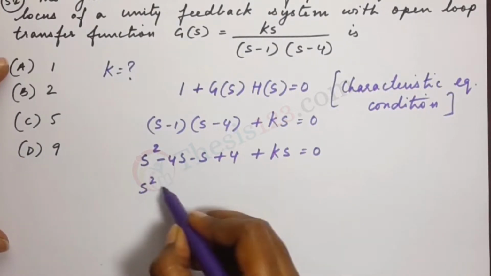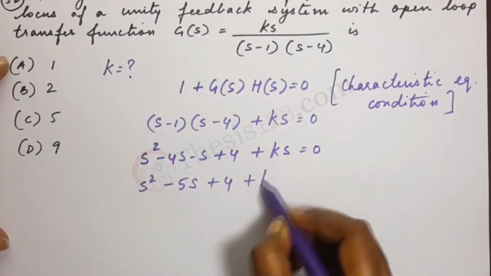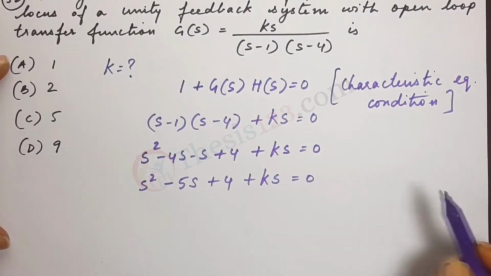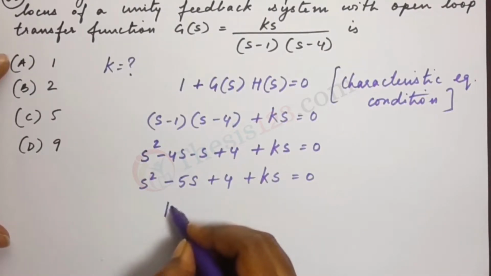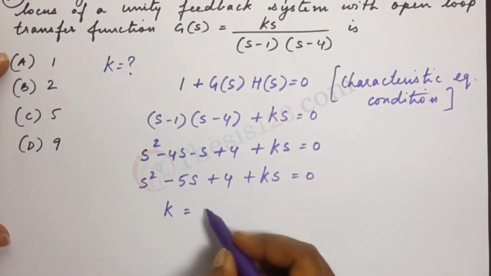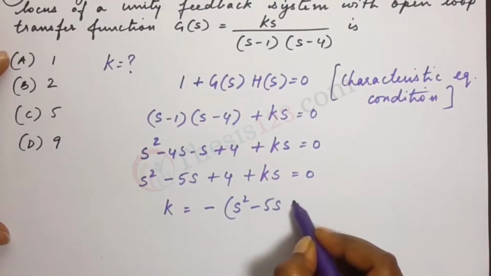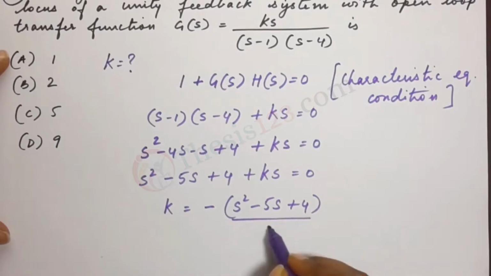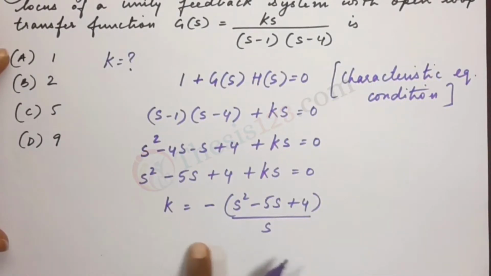Solving further, we get s² - 5s + 4 + Ks = 0. Now let's find out what the expression for K is. We take everything else on the other side. We get K = -(s² - 5s + 4)/s. So this is the expression for K.